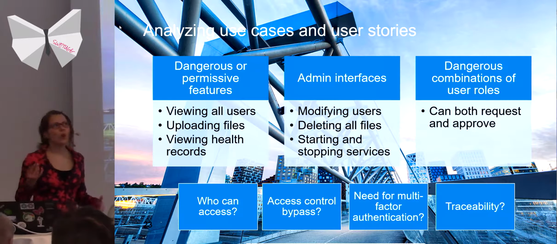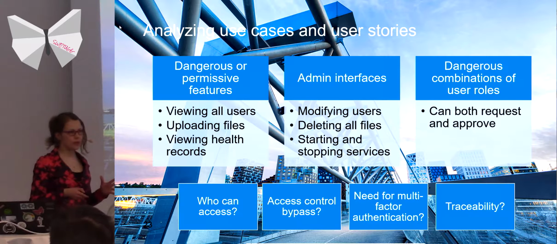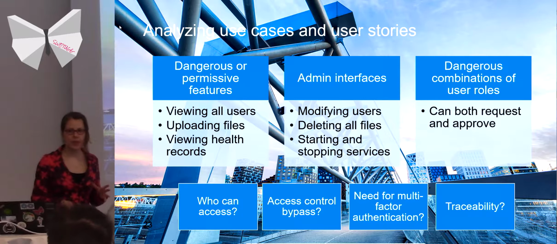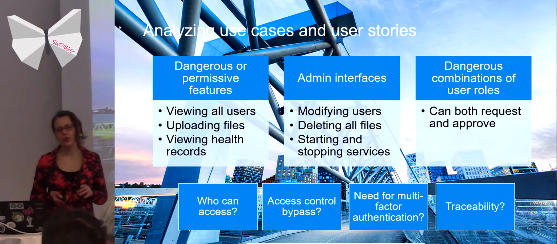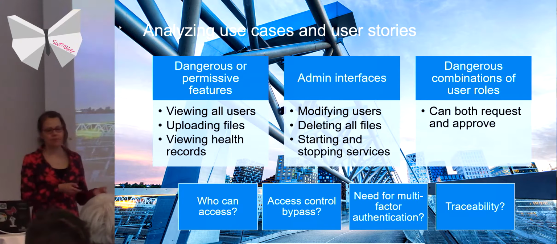Also, there can be combinations of user roles that are dangerous. For example, if you're filing expense claims, like if you traveled here from a long distance and your company pays for it, you make a claim.